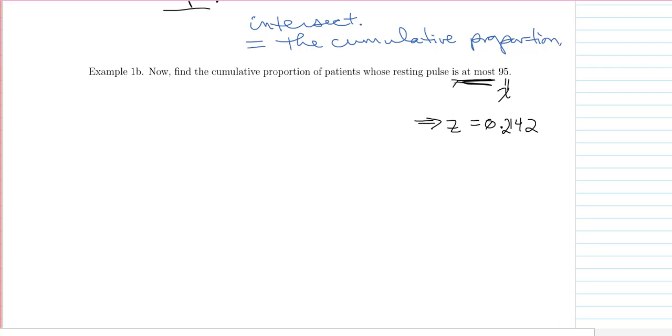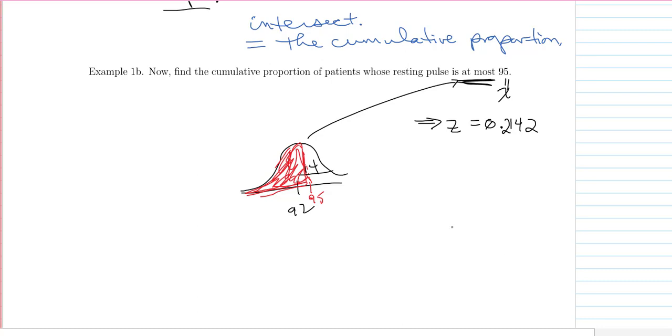Here, "at most 95" tells us that, in our distribution where mu is equal to 92 and standard deviation is 14, we care about 95 as a value, which is 3 away from the mean. "At most 95" says that we care about the area to the left. At most means all beats per minute up to 95.